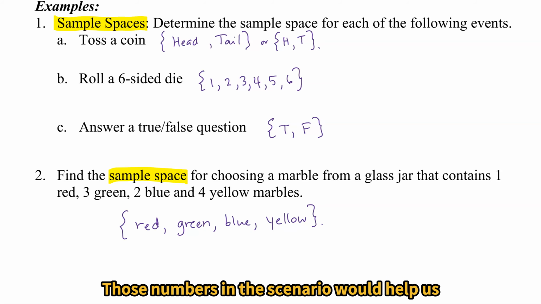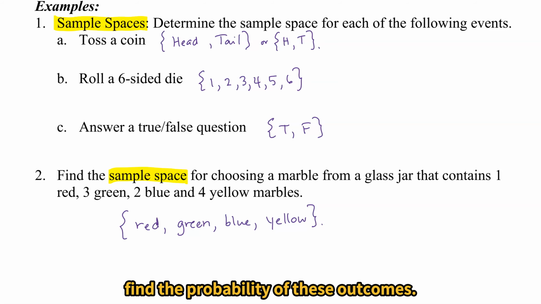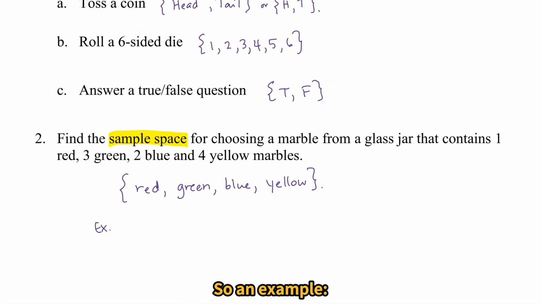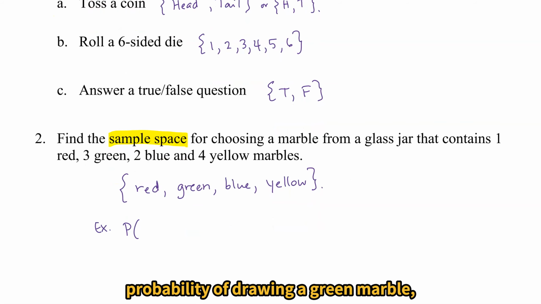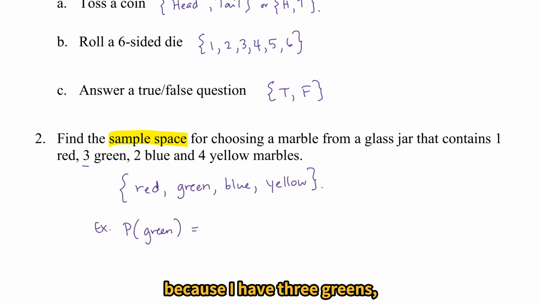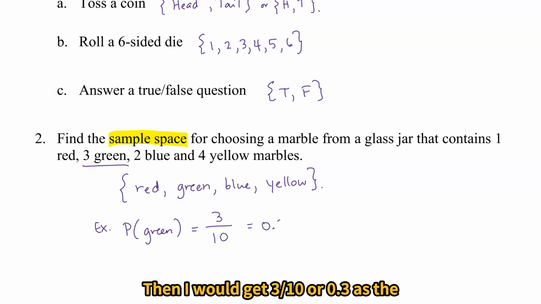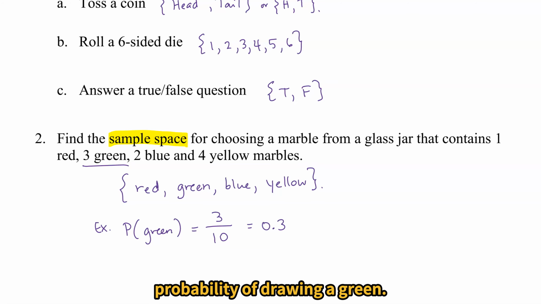Those numbers in this scenario would help us find the probability of these outcomes. So as an example, the probability of drawing a green marble: because I have 3 greens out of 10 total marbles, 1 plus 3 plus 2 plus 4, I would get 3/10 or 0.3 as the probability of drawing a green.